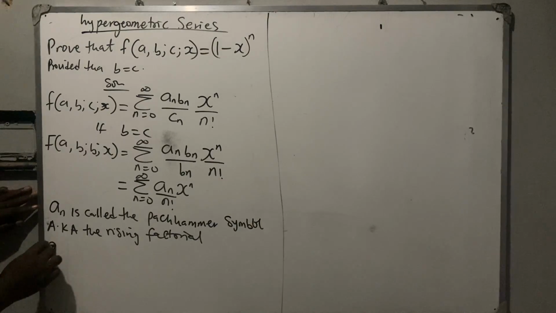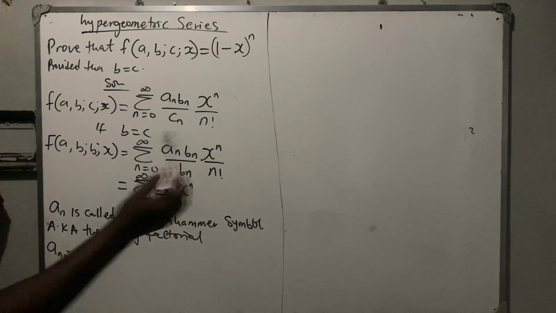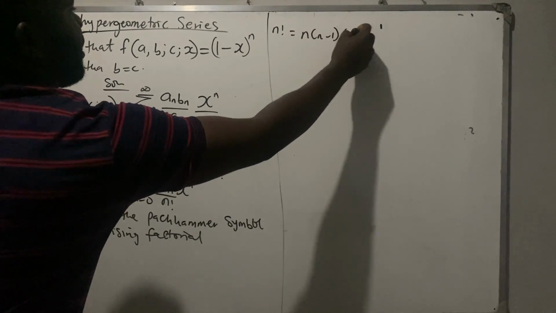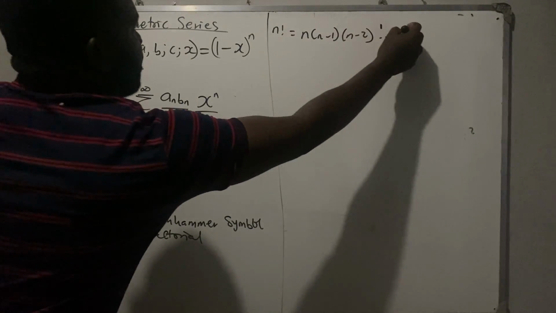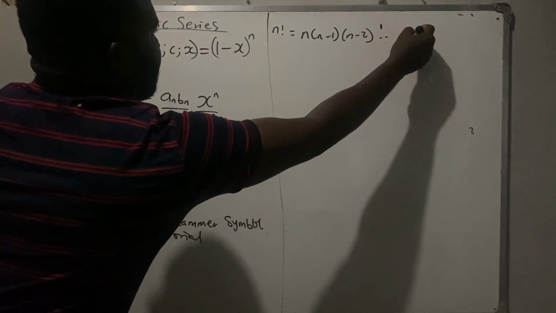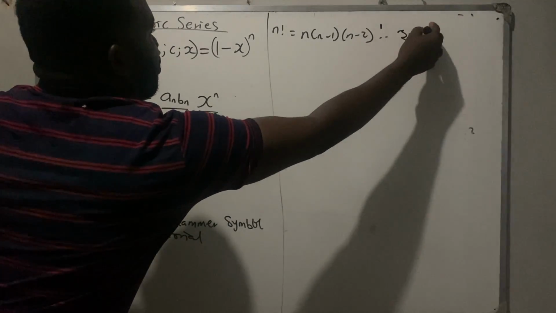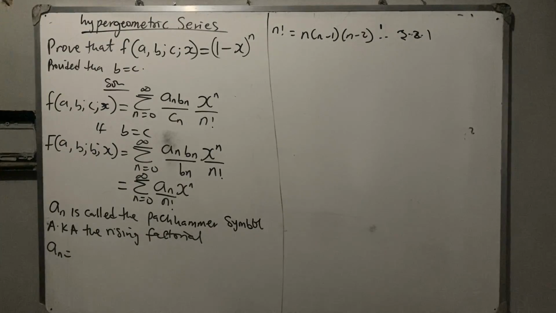So it means that (a)_n is equal to, if you remember the falling factorial, n factorial is equal to n into n minus 1, n minus 2, like that, up to 3, 2, 1. But this is a falling factorial.